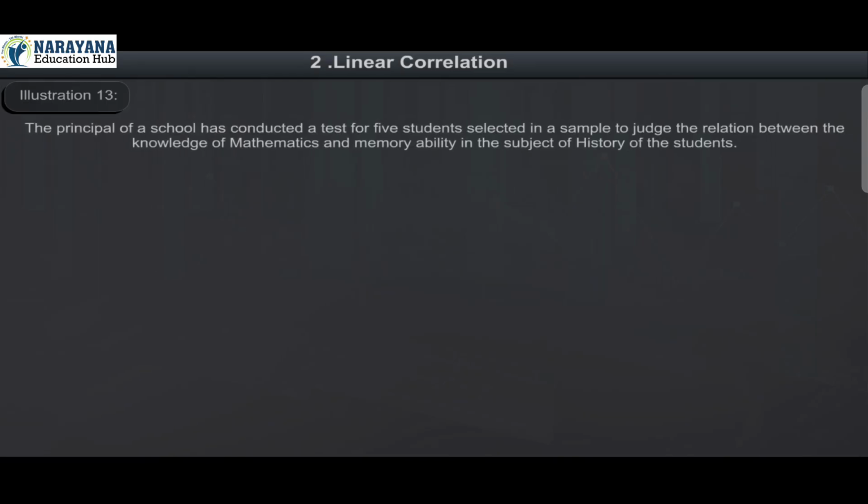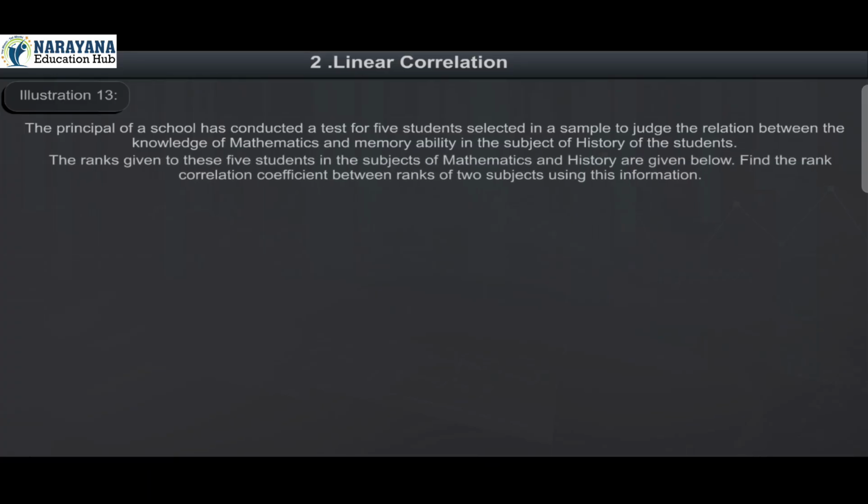Illustration 13. The principal of a school has conducted a test for 5 students selected in a sample to judge the relation between the knowledge of mathematics and memory ability in the subject of history of the students. The ranks given to these 5 students in the subjects of mathematics and history are given below.